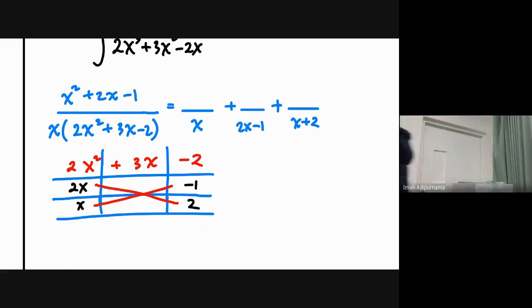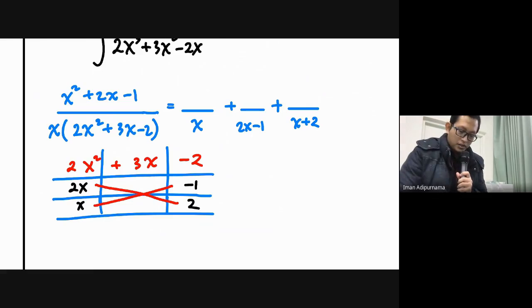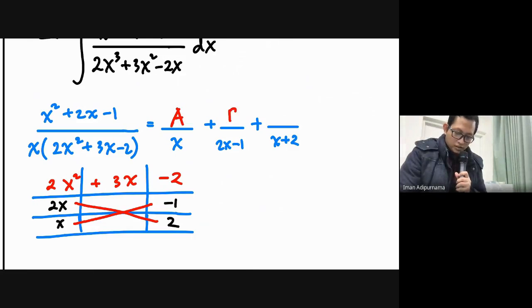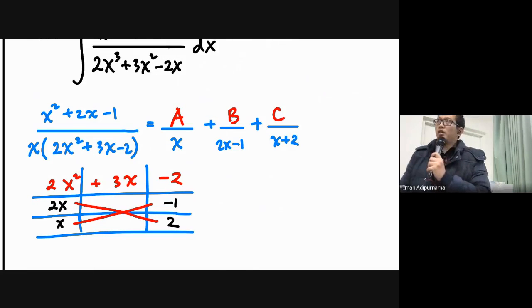And for the constants, you can write any variables you want, but we don't know them now, right? We need to evaluate. So write the notations for the constants, just a, b, and c. Okay, that's what we are looking for.